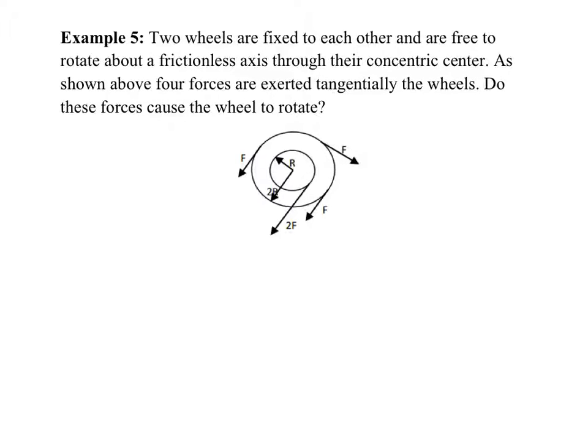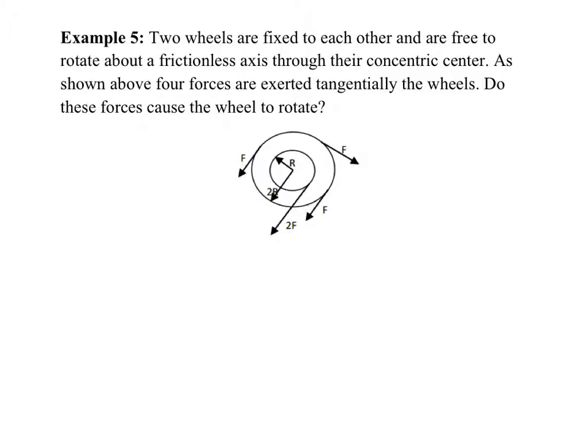The larger radius has some forces acting on it, and then the smaller radius has other forces acting on it. And the question is, which way will it end up rotating? So looking at the diagram, it's a little confusing at first. You're not given any numbers. No numbers are given at all. So this is really conceptual, but you can use math to help.